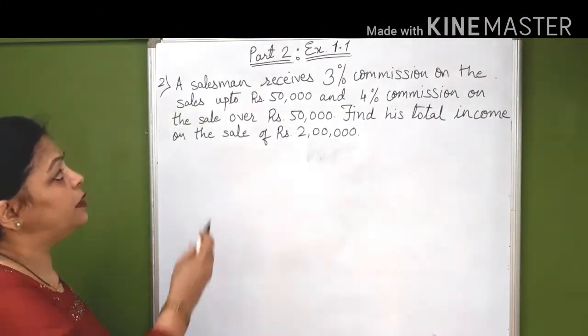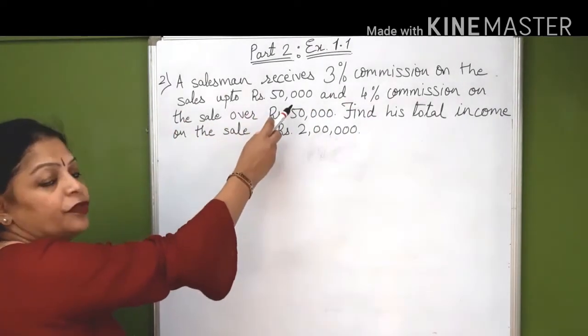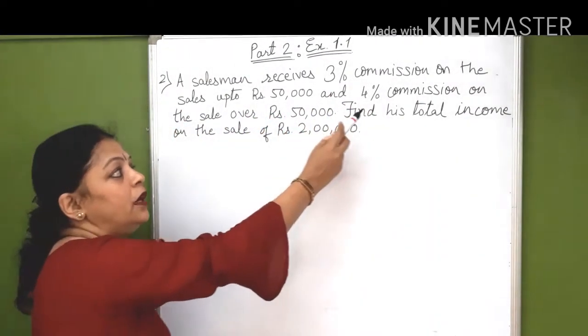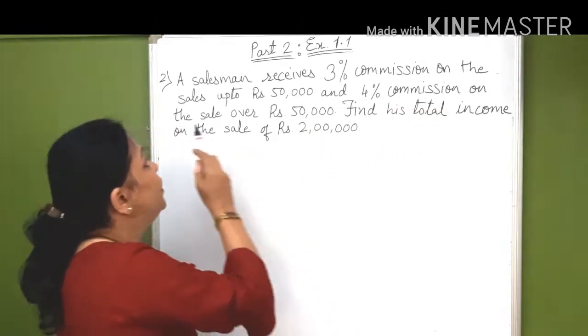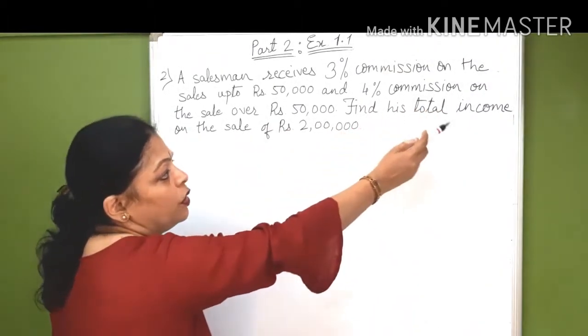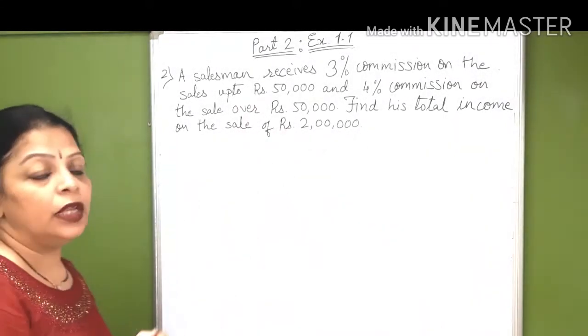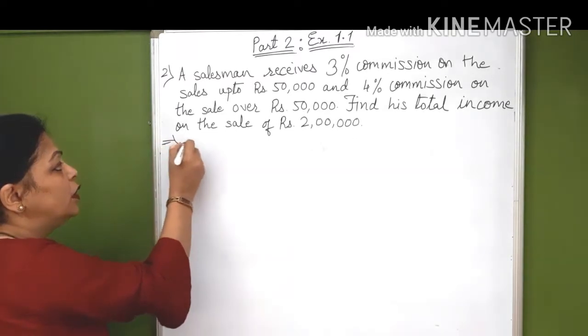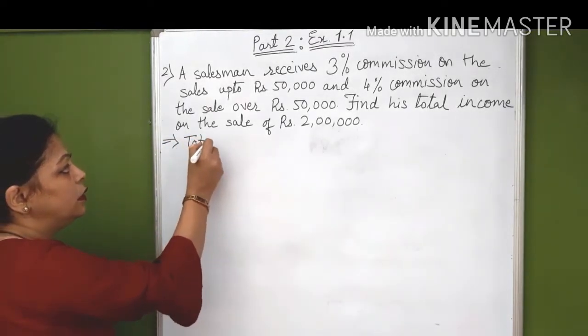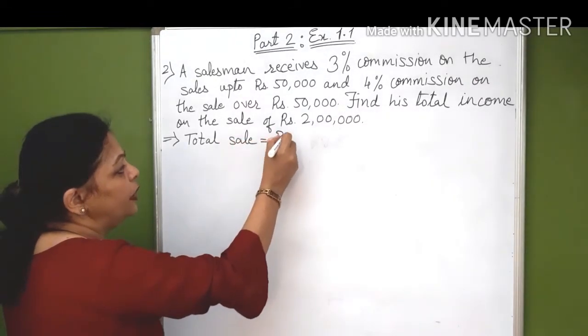A salesman receives 3% commission on the sales up to rupees 50,000 and 4% commission on the sale over 50,000. Find his total income on the sale of rupees 2 lakhs. Now see students, over here the total sale is of rupees 2 lakhs.